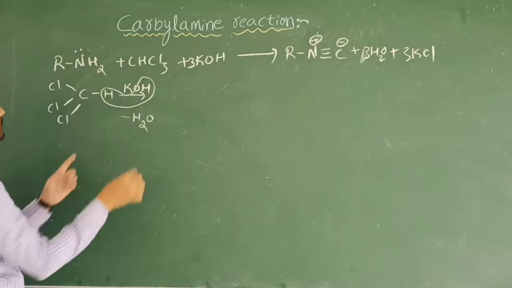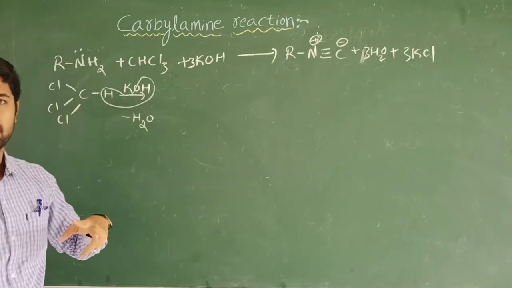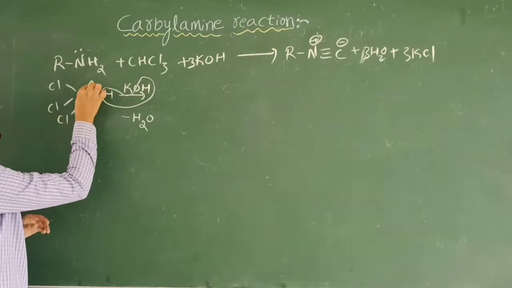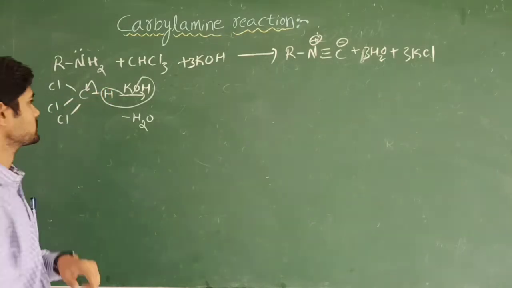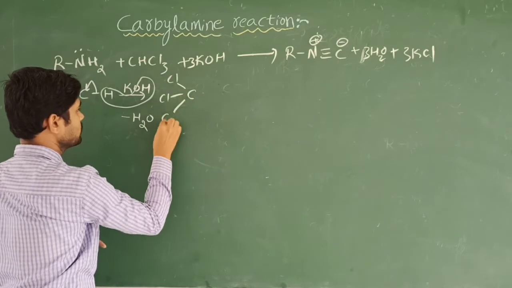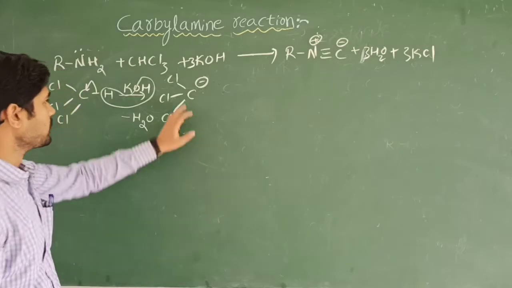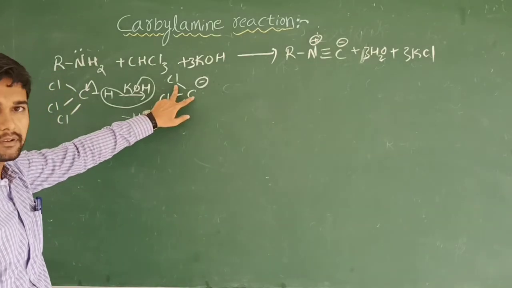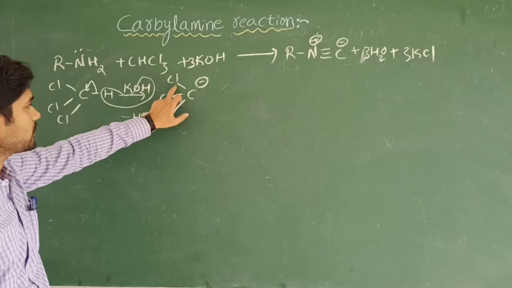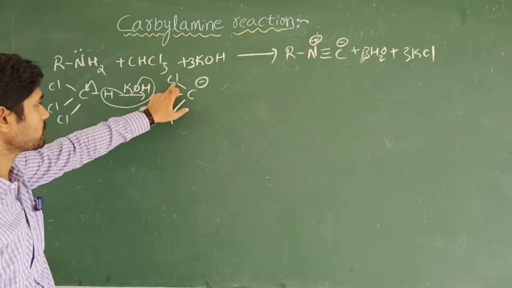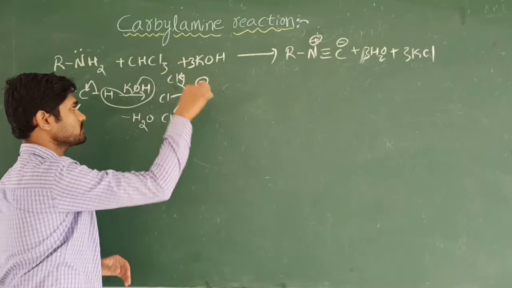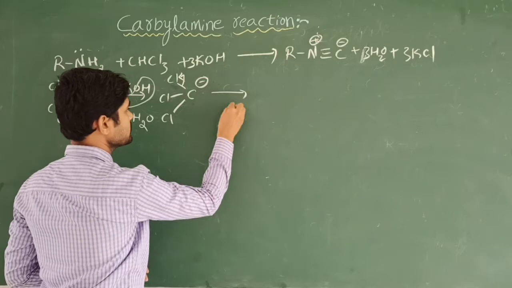Meanwhile, because of the electronegativity difference between carbon and chlorine, the chlorine, being more electronegative, takes the bond pair of electrons towards itself. So this carbon becomes C minus, and the chlorine leaves as Cl minus.